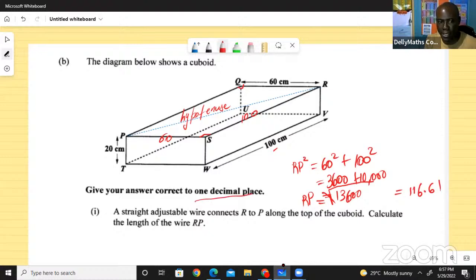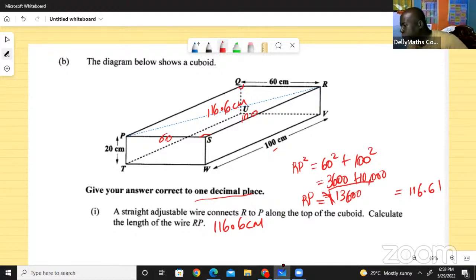That means the answer is 116.6 centimeters. So the hypotenuse here in blue is 116.6 cm. Anybody work that out as yet?